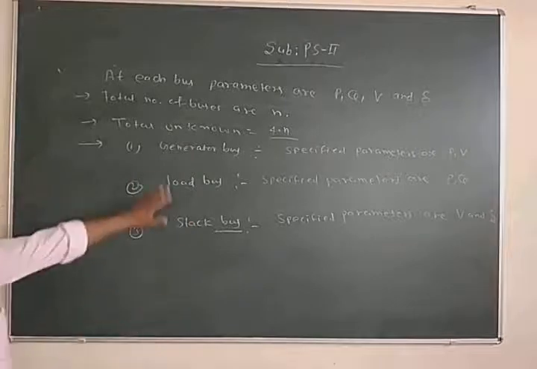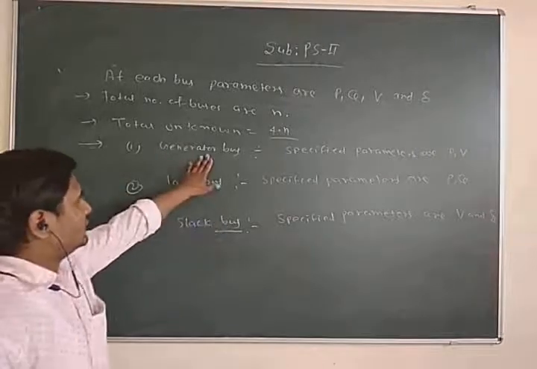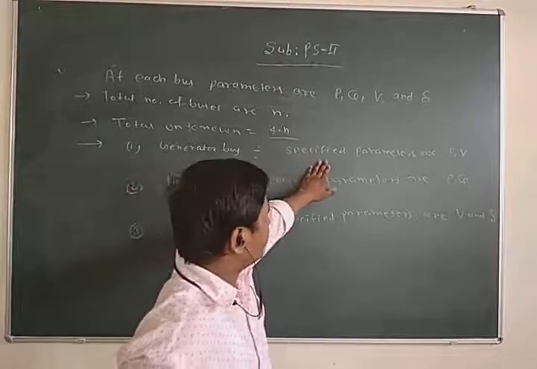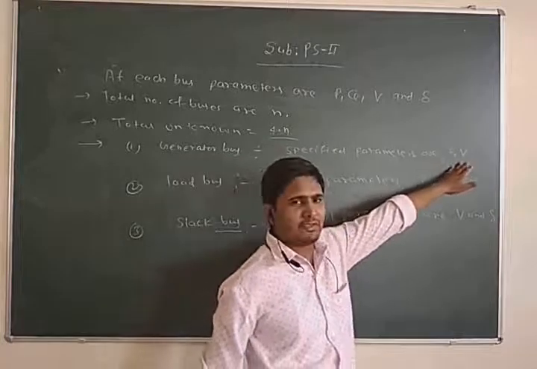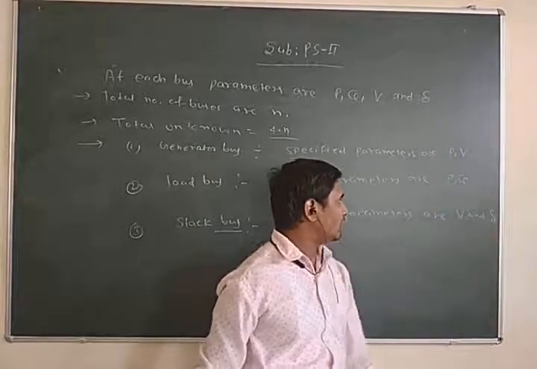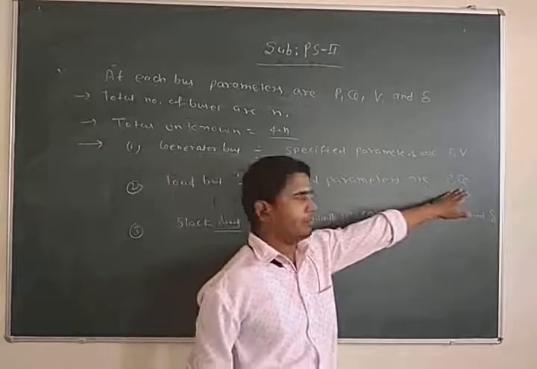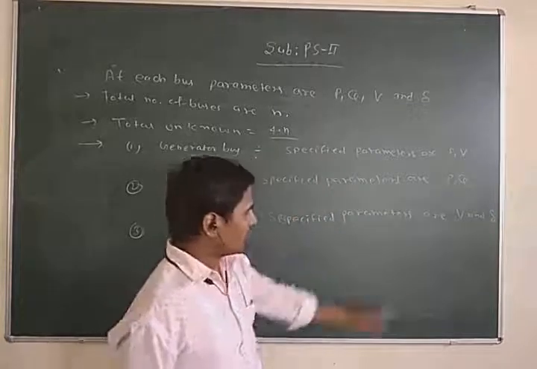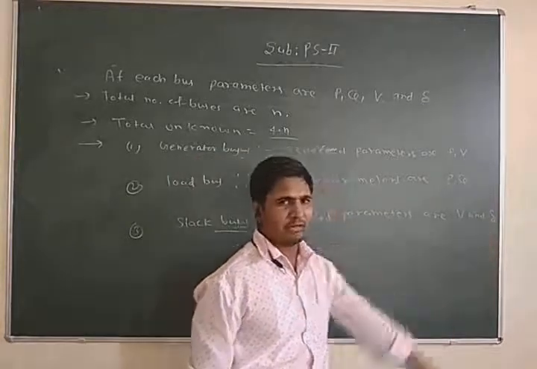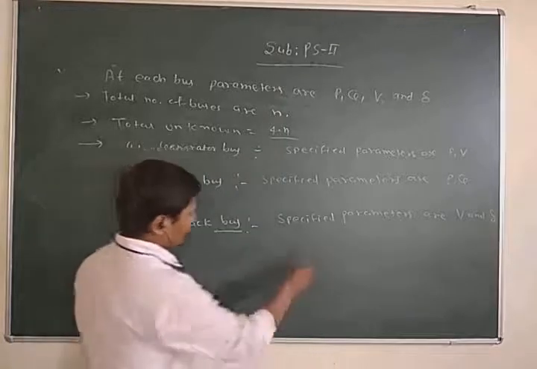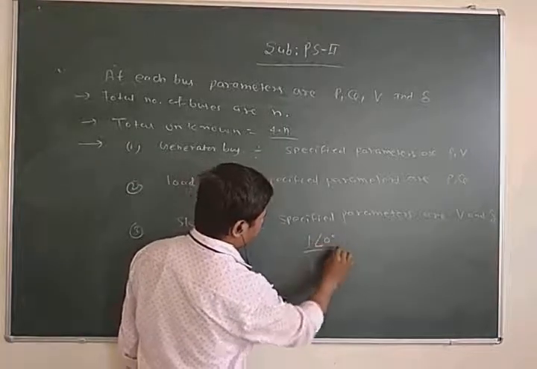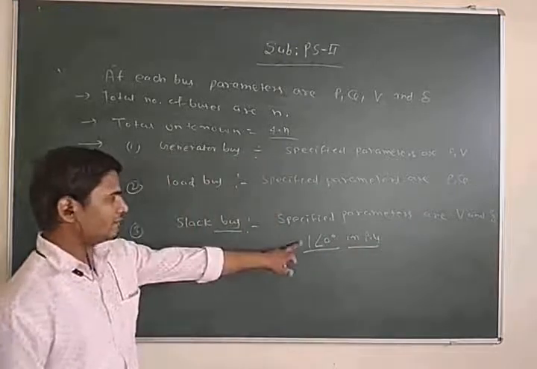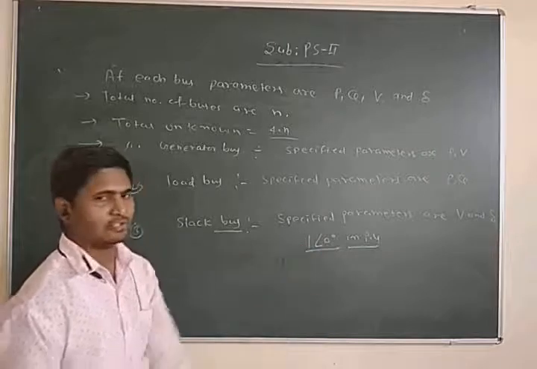So in our power system there are three types of buses: generator, load bus, and slack bus. At the generator bus, the specified parameters are P and V, and the unspecified parameters are Q and delta. Similarly, at the load bus, P and Q are specified, and V and delta are unspecified. For the slack bus, V and delta are specified, and P and Q are unspecified. At the slack bus, voltage magnitude is 1 per unit and angle is 0 degree.